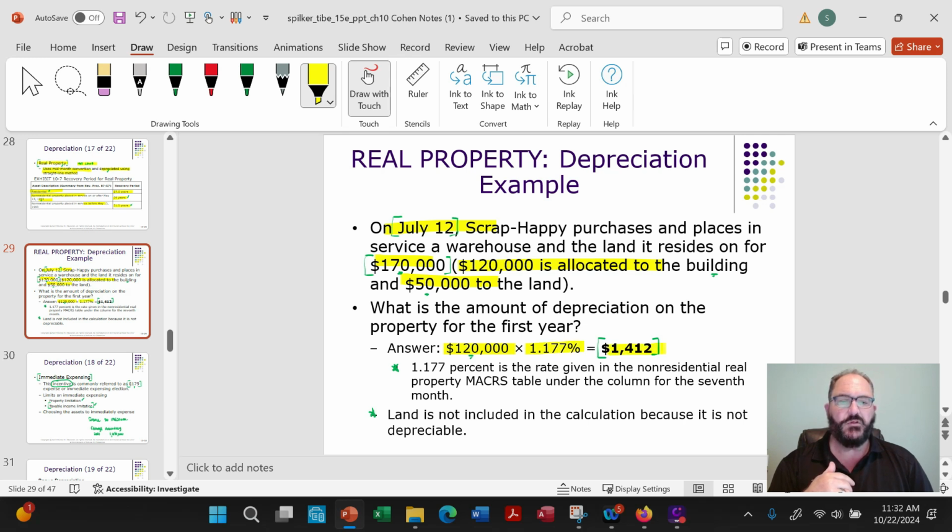You get $1,400. Okay, and you'd have to look. This is on the property under 7th month. So if you looked on that chart, and I don't think they have that chart here, but the chart would be in your book. You look at the 7th month, right? And on the 7th month, it would give this factor. Okay, and notice land is not included. So you see, this isn't terribly difficult to do.